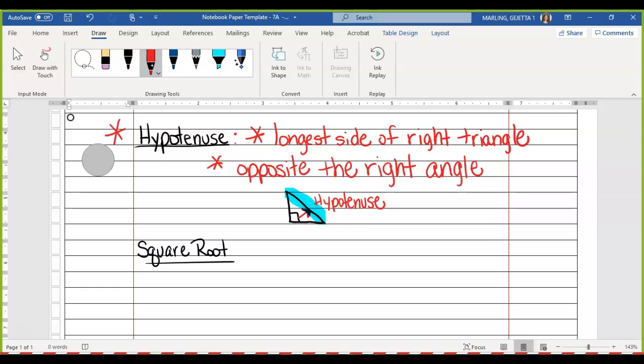Its definition is a number that produces a specific quantity when multiplied by itself.